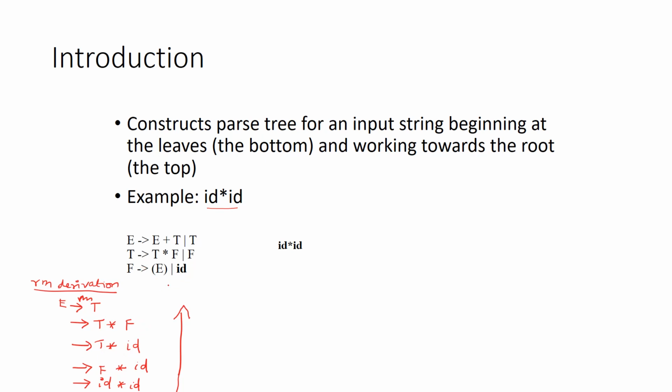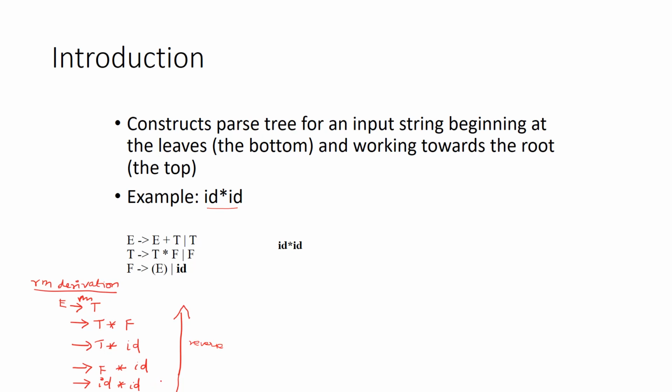F derives ID, and then this T is replaced with F. Now F is replaced with ID. We get the string ID star ID.